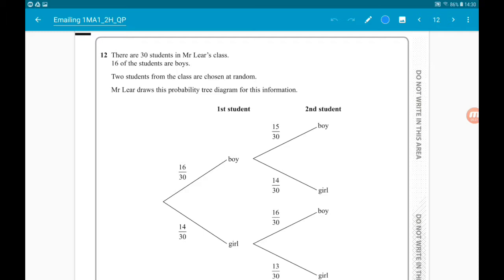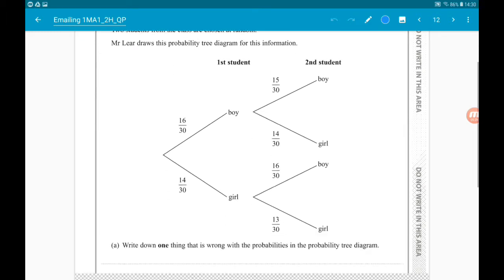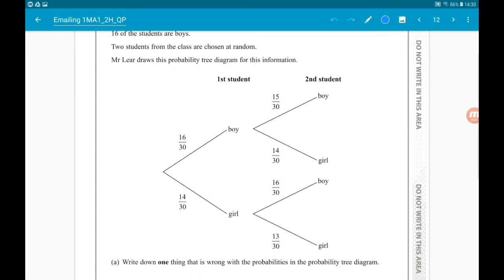Okay, so there's this tree diagram. Part A says, write down one thing that is wrong with probabilities in the probability tree diagram.